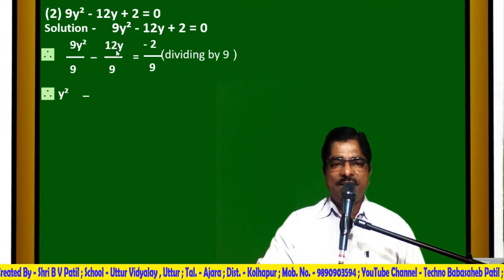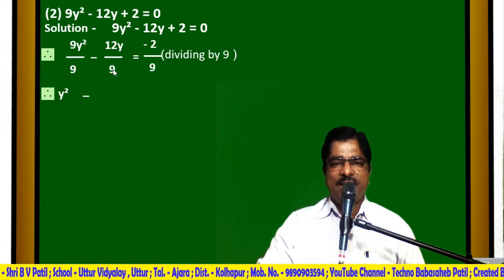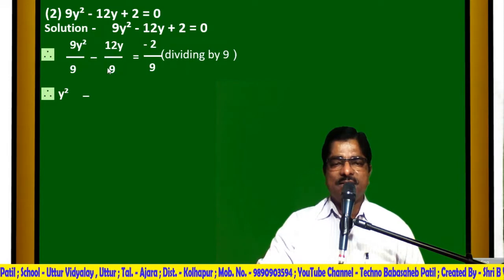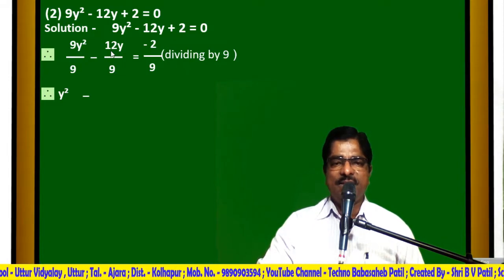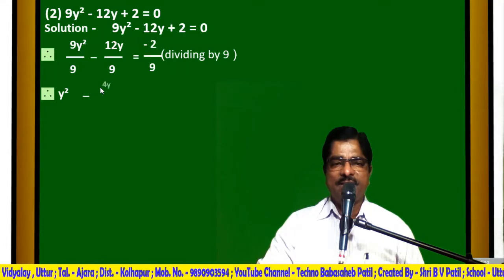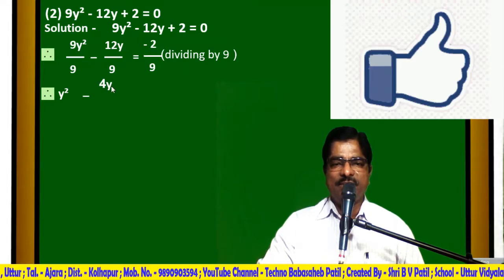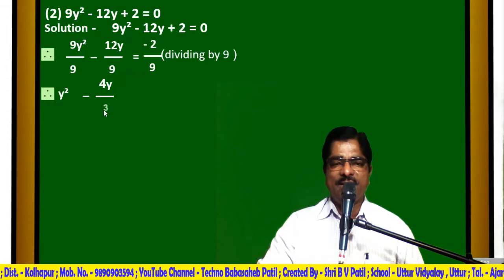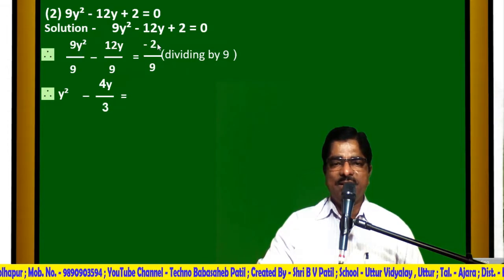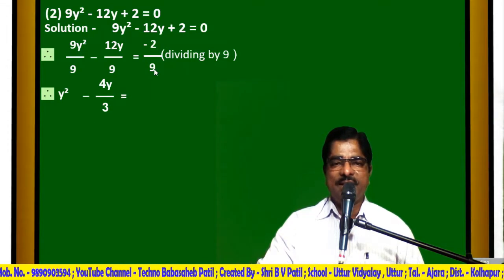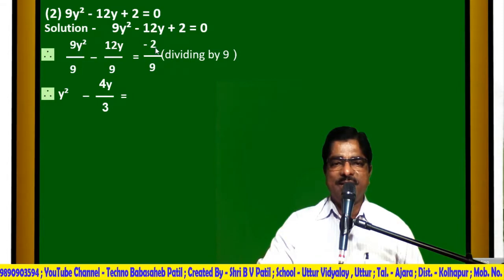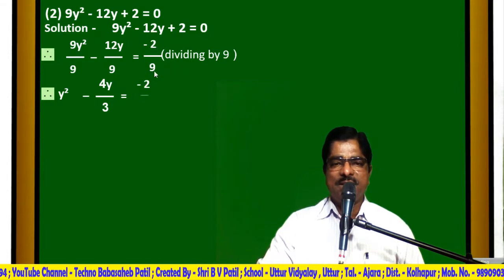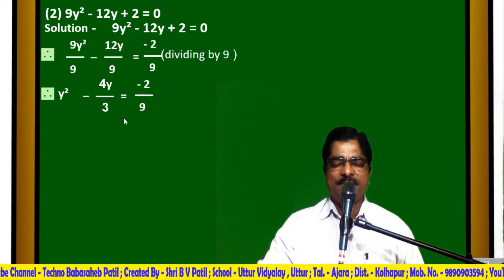Which number divides 12 and 9? That is 3. 3 divides 12 to give 4, and 3 divides 9 to give 3. The remaining term is minus 2 divided by 9.